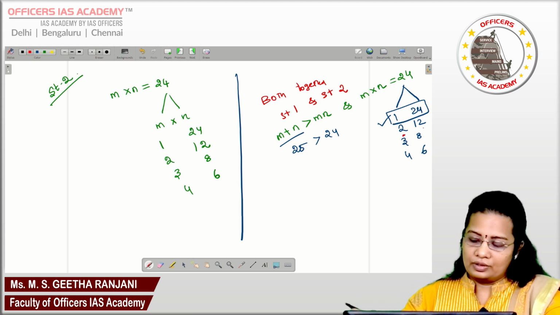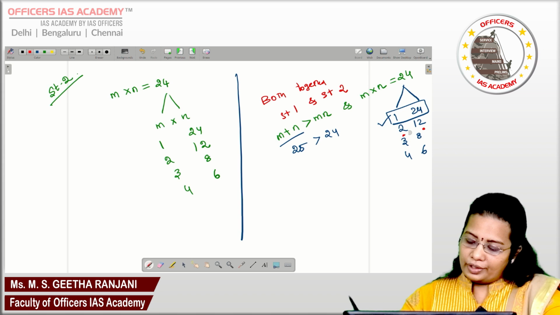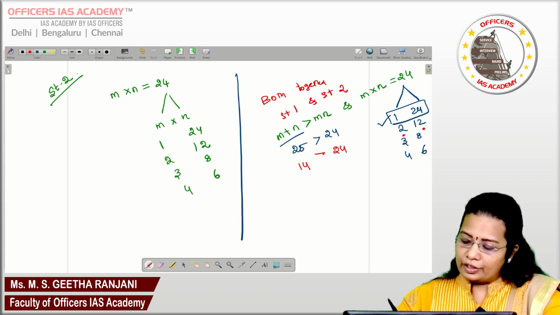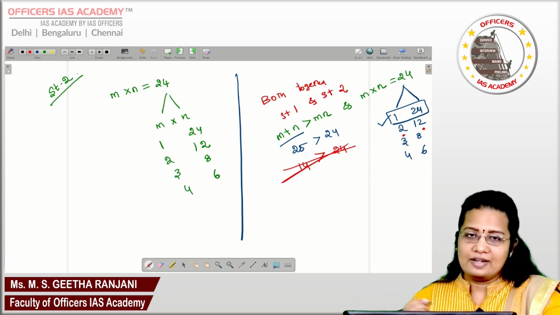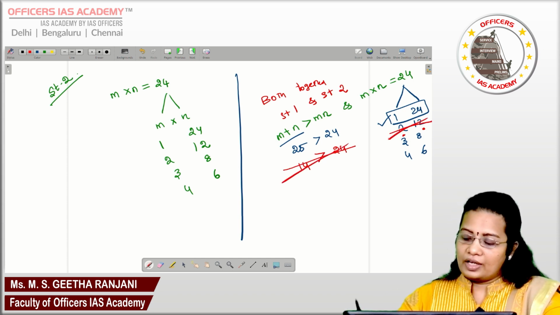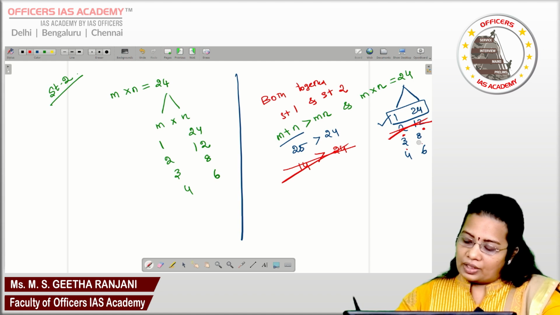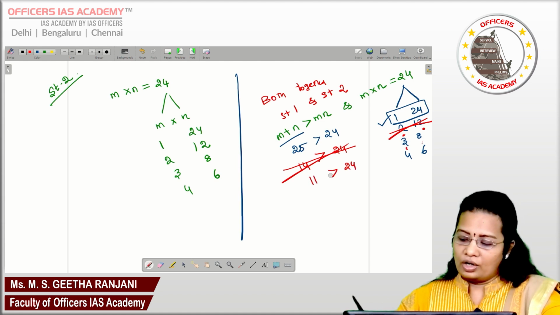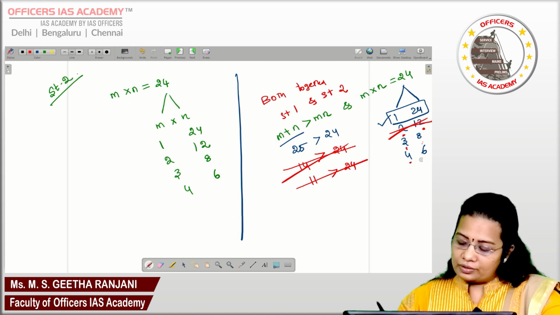Now let's check 2 and 12. 2 into 12 is 24, and 2 plus 12 is 14. Is it greater than 24? No, so this possibility does not exist. Next, 3 and 8: 3 plus 8 is 11. Is 11 greater than 24? No. And 4 and 6: 4 plus 6 is 10.